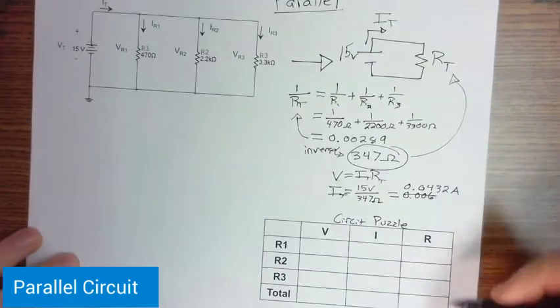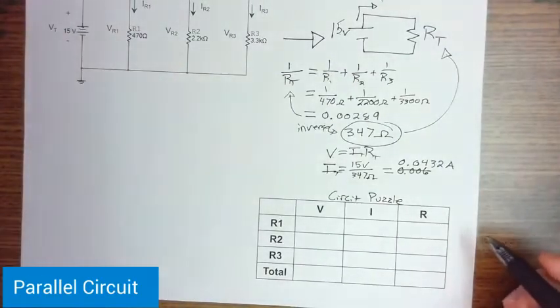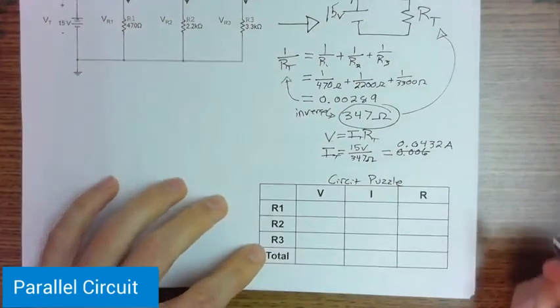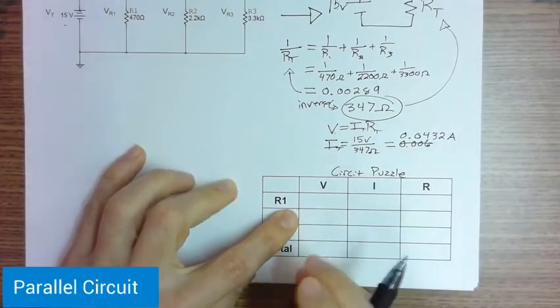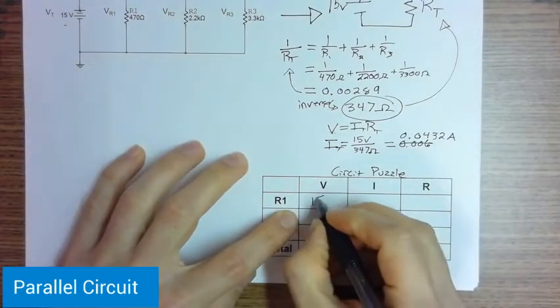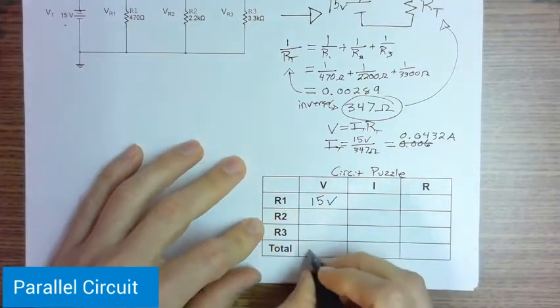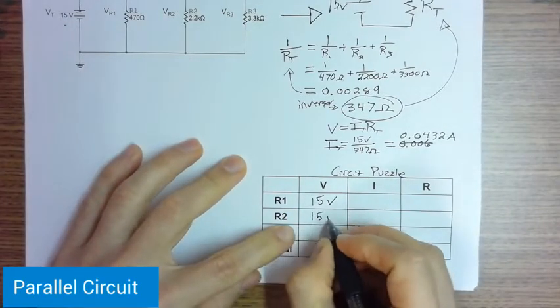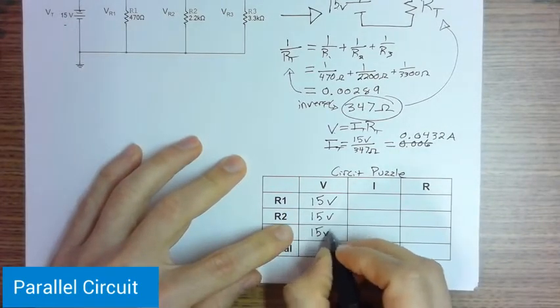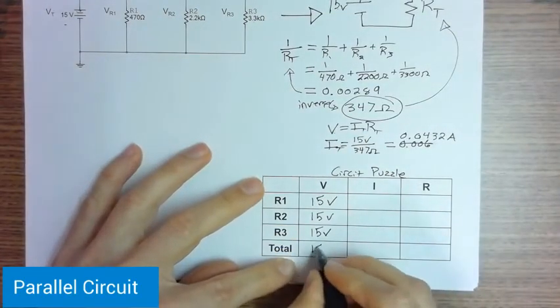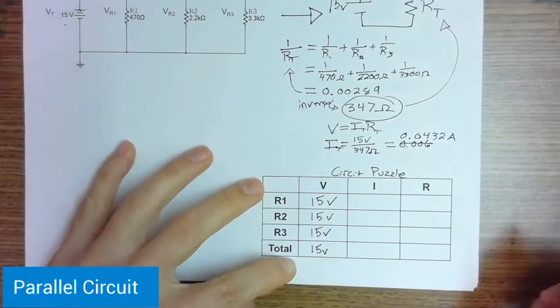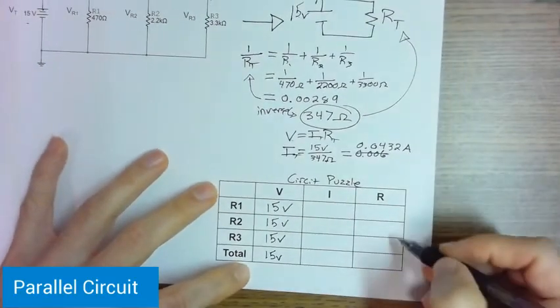Okay, now it's time to write some things in our circuit puzzle down here because we know a lot of information now. So initially we said we know the voltage of each component. We did our voltage test. We had 15 volts, 15 volts, 15 volts. The voltage is all the same. That's always true of a parallel circuit because the total voltage was 15 volts. Now we know the individual components.